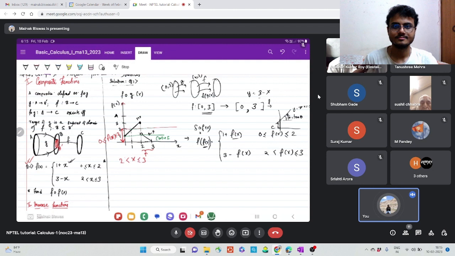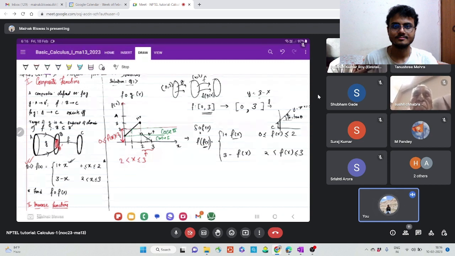And the second case is when the value of the function is between 0 and 2, or in this case 2. So we have got 0 to 2 to 3, where the function takes values between 1 and 2, right?